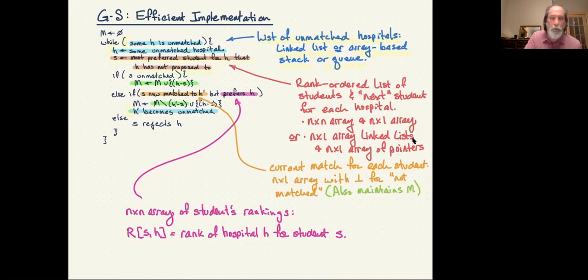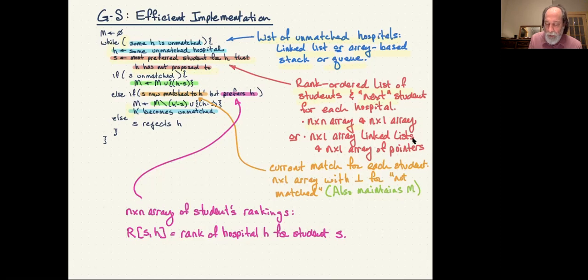Okay, so the next thing we have to do is get the most preferred student for a given hospital H that H has not proposed to. So we'll do more or less what we were doing in our diagrams describing the simulations, right? We need to keep a rank-ordered list of the students for each hospital and a next student for each hospital, right? For each hospital, the next student that needs to be proposed to, if that hospital makes another proposal. Okay, so there's two obvious ways to do it.